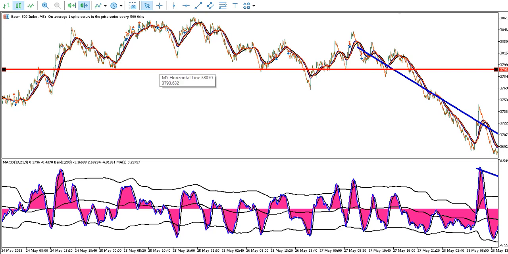Because spikes always respond to the resistance zone, and the retracement you are seeing always responds to the support zone. So when you know how to manage your candlesticks using price action and the support and resistance zones, it gives you the opportunity. And once you are able to discover the supply and demand zone, when the market is supplying, you will be selling, and when the market is demanding, you will be buying.